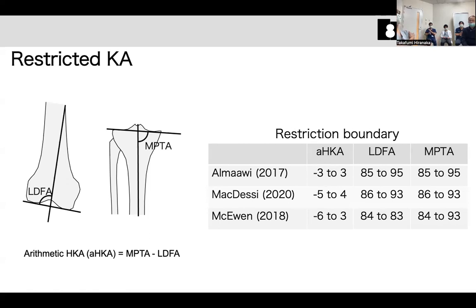Other reports go up to 7 or 8 years. I think more than 10 and 15 years of results are very important, because extreme alignments, for example 5, 7, or 8 degrees of varus, can cause subsidence or loosening over a long duration, for mechanical reasons.